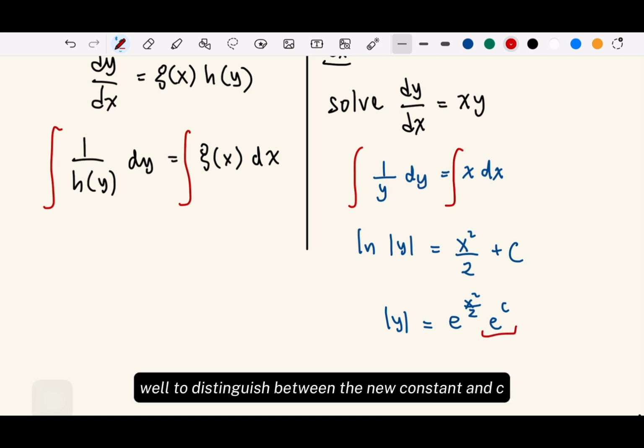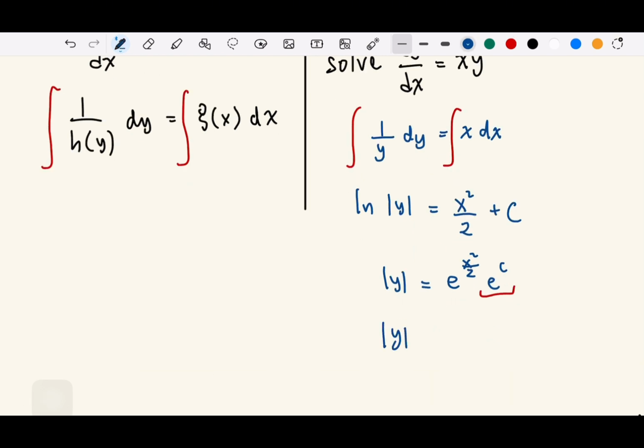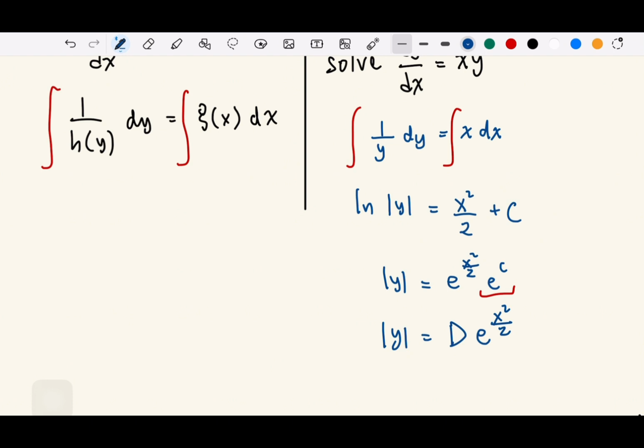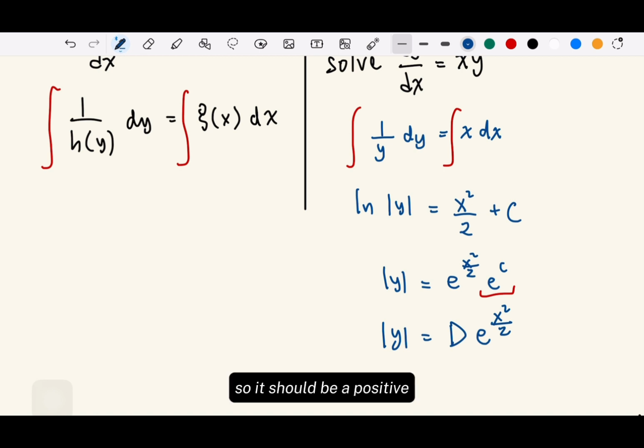Well, to distinguish between the new constant and c, then I think we can make this into another constant d, okay, just to make sure that we, so d e to the power x squared over 2. And d should be a positive value, right? Because it's e with power of something, so it should be positive.